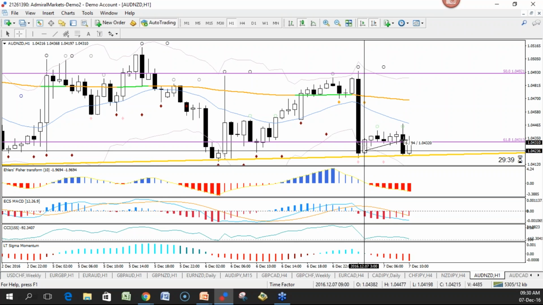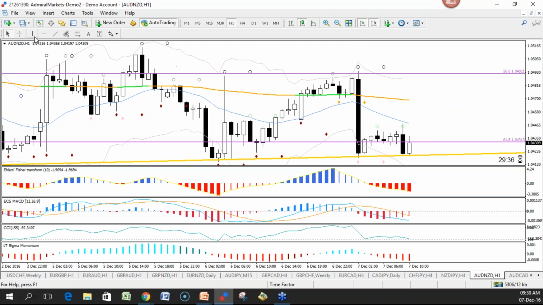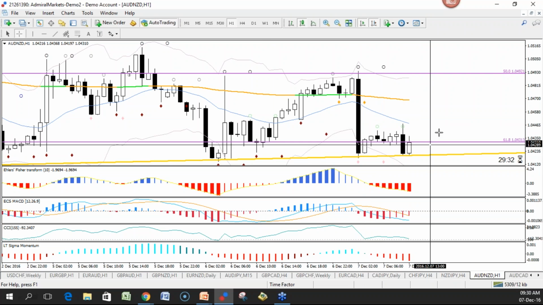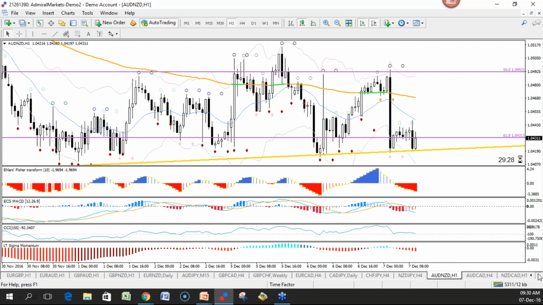So let's count them. Sixth candle is bearish. I would definitely wait for this candle still. If this is bullish, there is a good chance of a bounce, a decent chance of a bounce there. That might be maybe the more interesting one on the Aussie New Zealand.